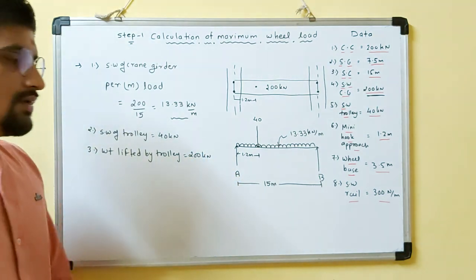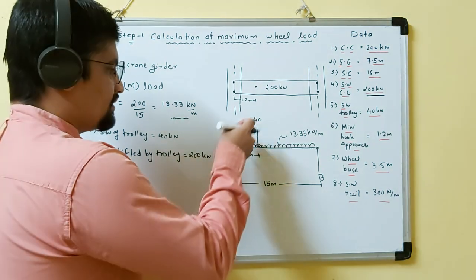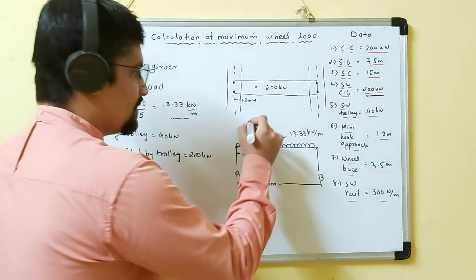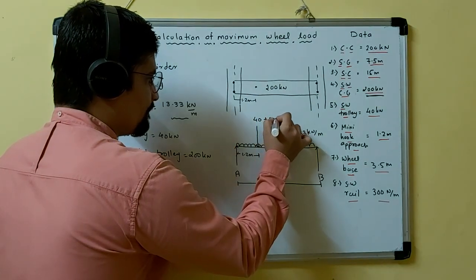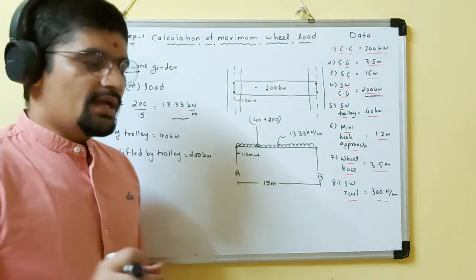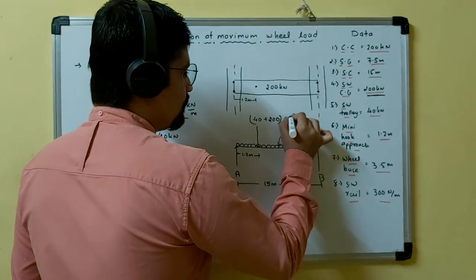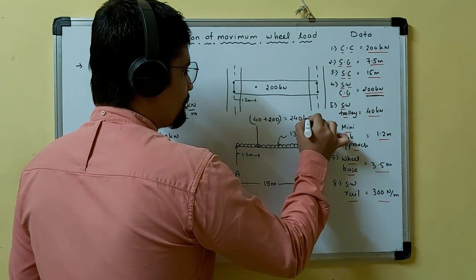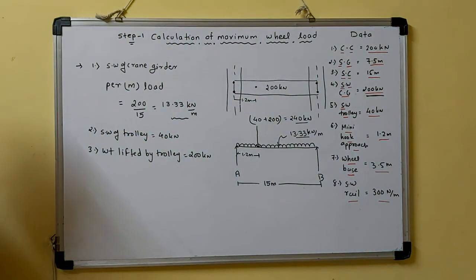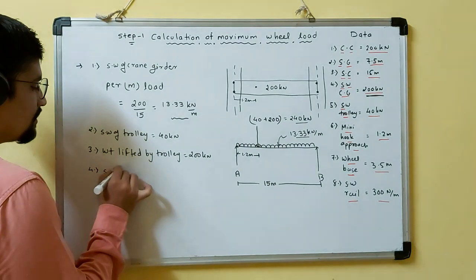The weight will be lifted where the trolley is placed, so at 1.2 meter. That's why I can make it 40 plus 200. So the total load at this point is 40 of self weight of the trolley and 200 lifted by the trolley, so the total point load will be 240 kilonewton. It is easy. Nothing to think about. Now the fourth load was the self weight of the rail section.